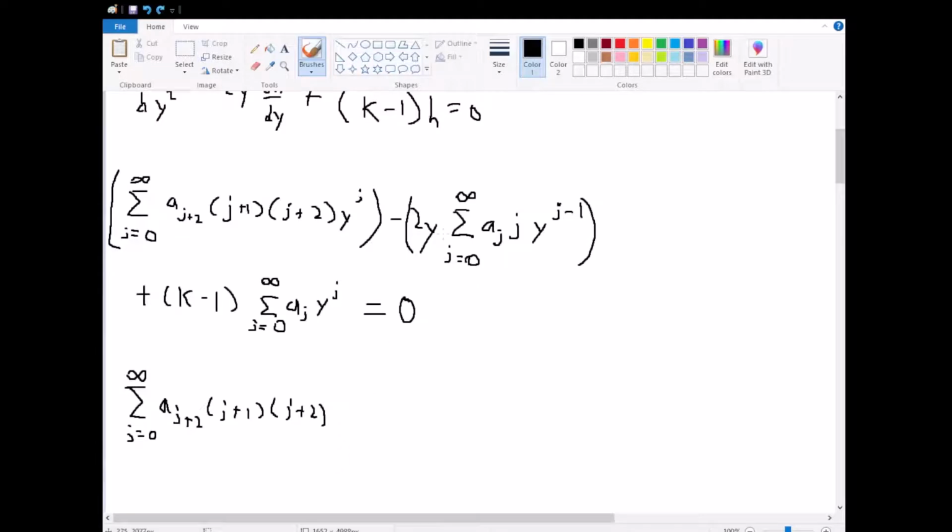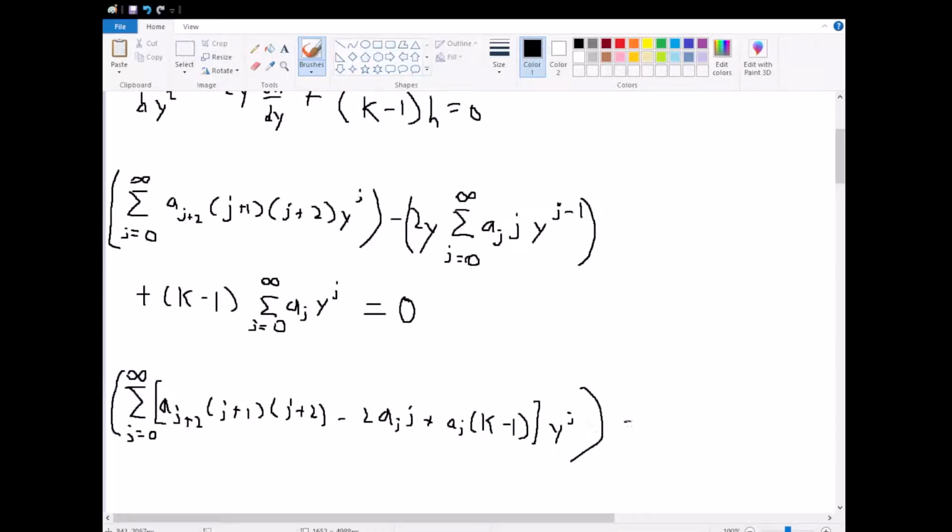Our second term is going to be subtracted by 2 times aj multiplied by j. And then we're adding on the third term, which is just aj times k minus 1. And then this whole thing is getting multiplied by the y to the j term that we took out, and this whole thing is under the summation.